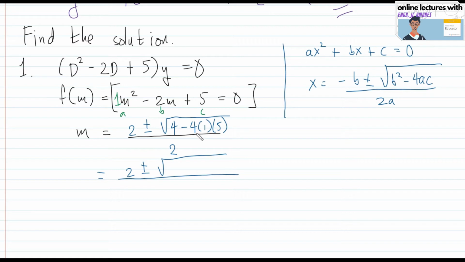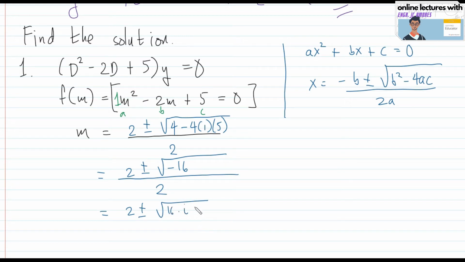So we will now evaluate this. This would be negative 20, and then 4, so this would be negative 16, over 2. So your square root of negative 16 would be 4 times i.